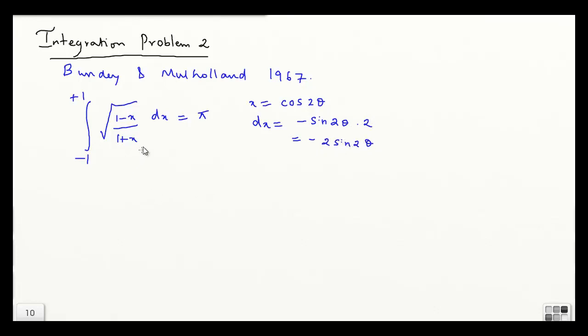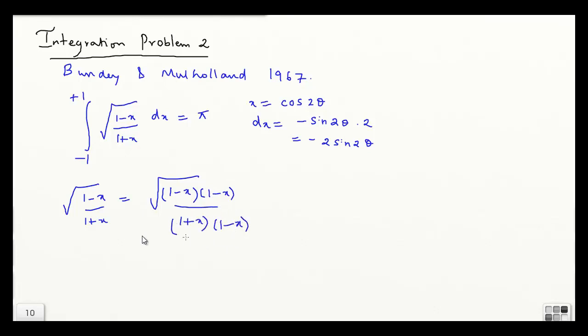Now let's look at the square root. One of the ways you can get rid of the square root is to take the conjugate. So the square root of (1 minus x) divided by (1 plus x) is the same as the square root of (1 minus x) times (1 minus x) divided by (1 plus x) times (1 minus x).